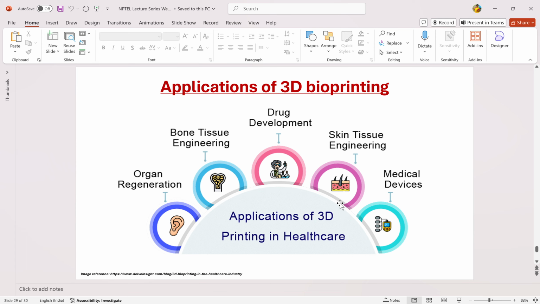I said that whenever you have patients with very severe burns, like third-degree burns, you can take skin tissue cells from other parts of that patient's body. Then you can grow them and you can graft it to reconstruct that person's face or any other body part which is severely burned.